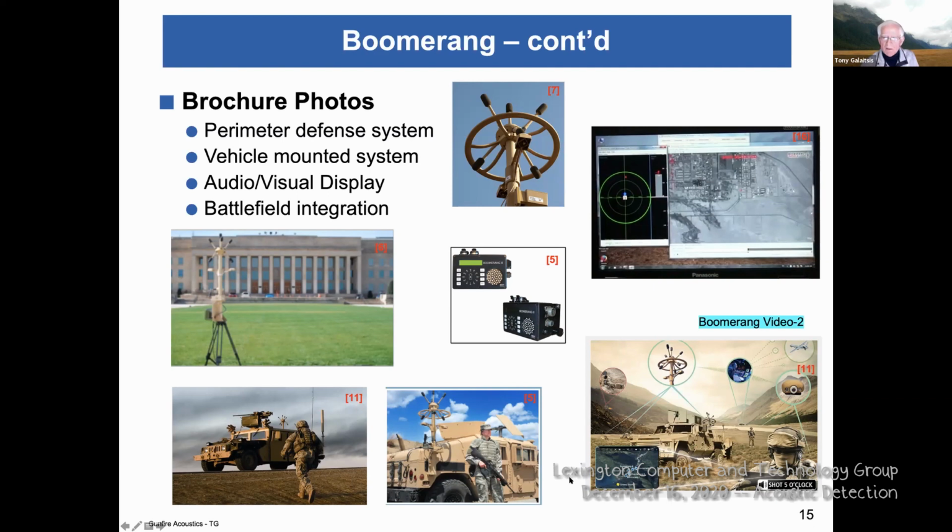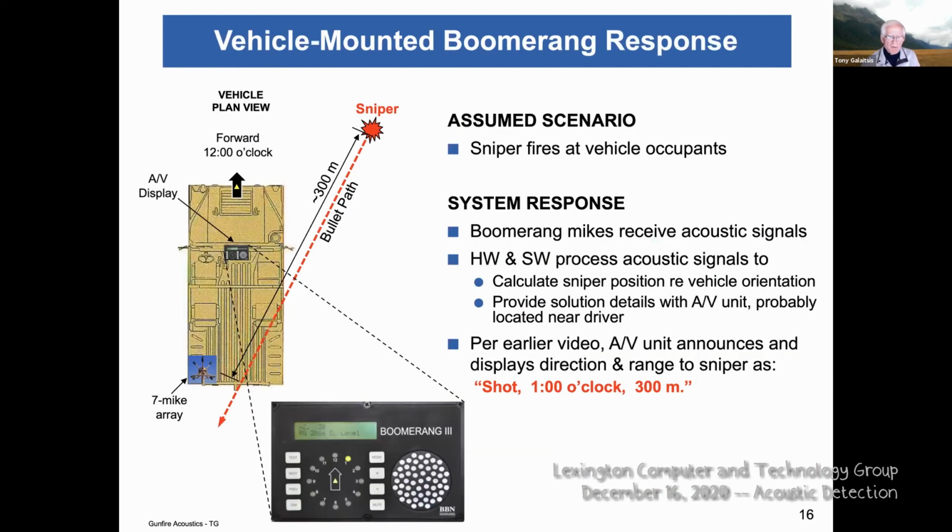Okay, then next slide. So the typical scenario when you have a vehicle mounted system is that, here's the plan view of the vehicle. Here on one of the sides, it's not clear on which one usually, is one of the sensors.